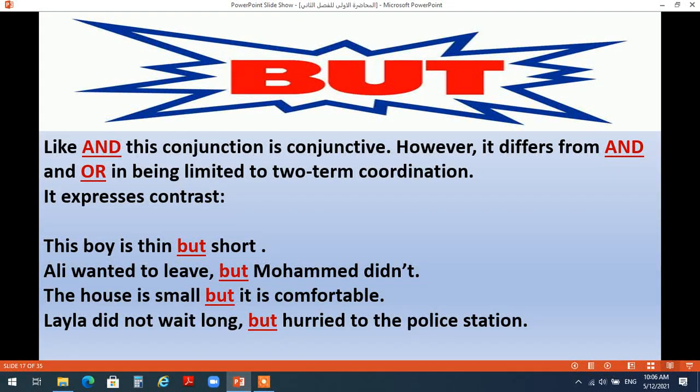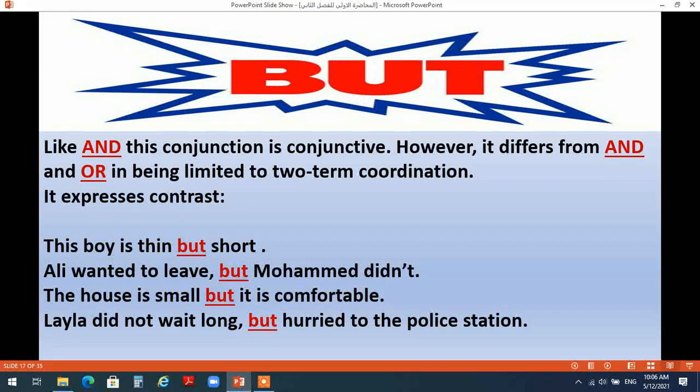One of them wanted to leave but the other didn't want to leave. The house is small but it's comfortable. أيضا هنا لدينا تباين أو تناقض، إنه رغم كون البيت صغير لكنه مع ذلك مريح.